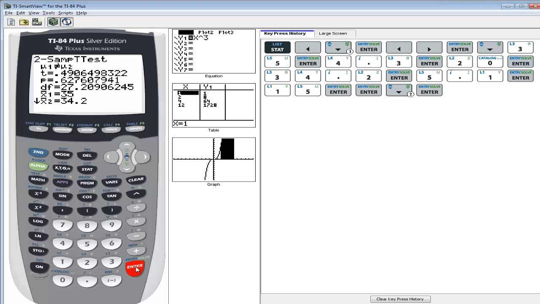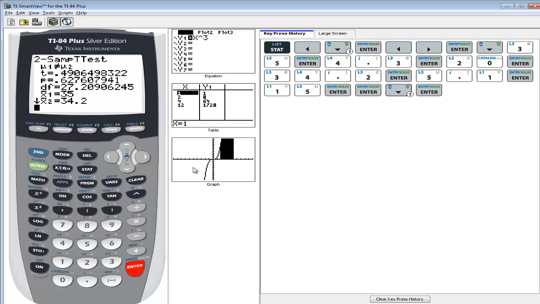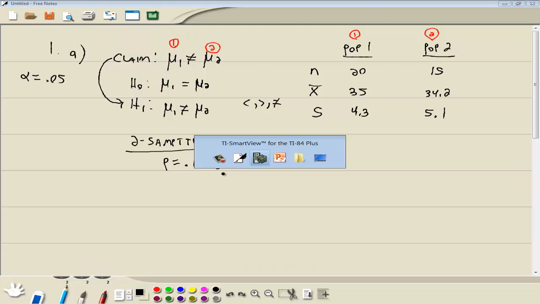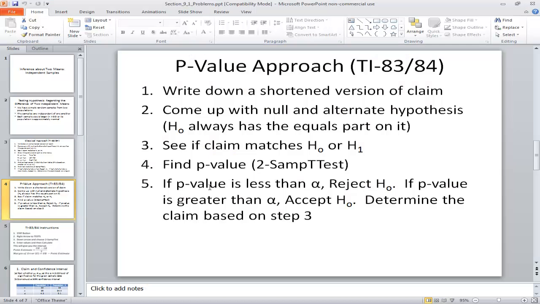Okay, and our p-value is 0.6276. Kind of a large p-value. Just how the numbers came up, I guess. Anyway, step 5.